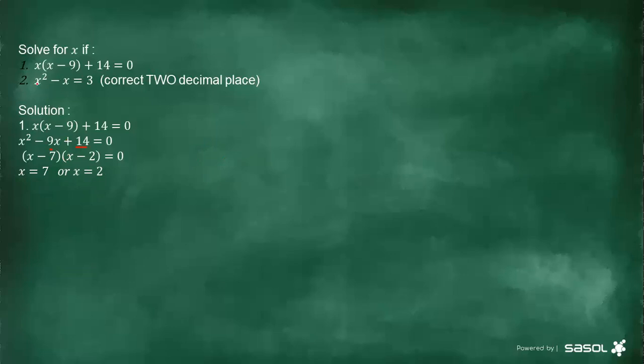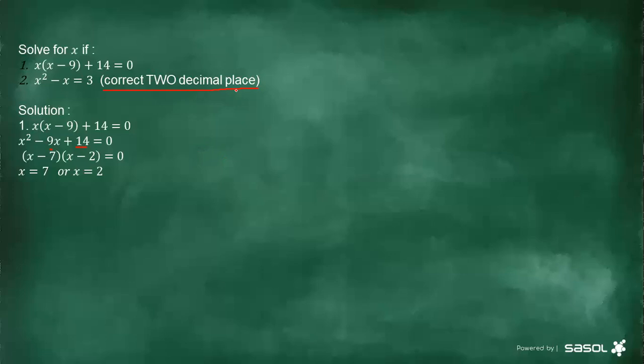And then the second one is x squared minus x minus 3 equals 0, correct to two decimal places. Now, every time you come across a question with this instruction next to it, it tells you that we don't have factors on this one. Then you just have to use the quadratic formula straight.